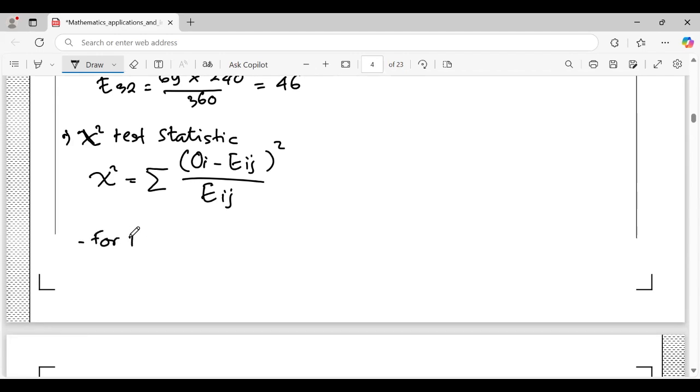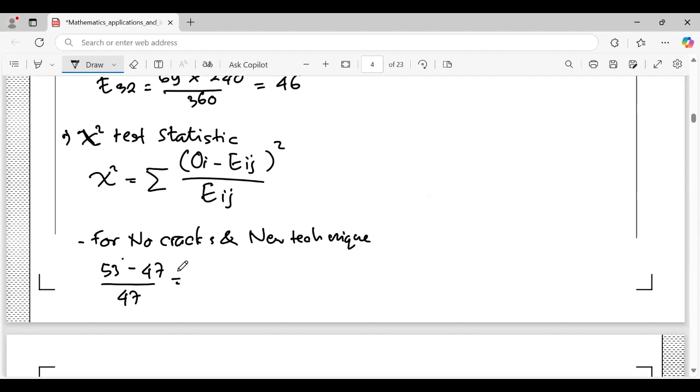Next, for no cracks and new technique, that is 53 minus 47 squared over 47. You can see the table.